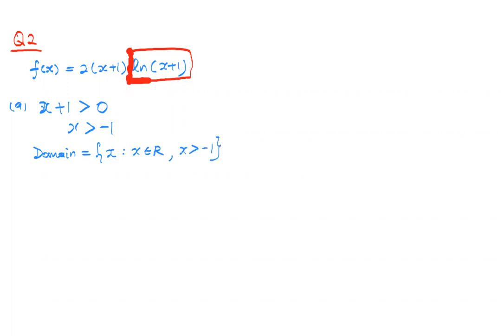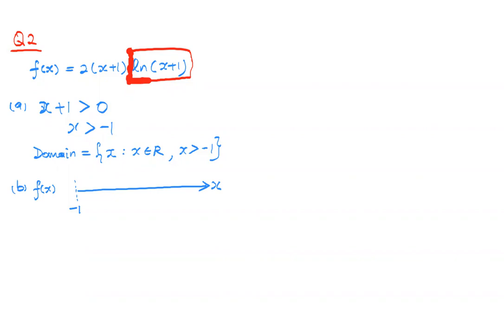When I draw the sign diagram, I know I only start from -1 onward. To complete the sign diagram, what else must I do? I must find the x-intercept. I will do it separately, but you can also show it there.